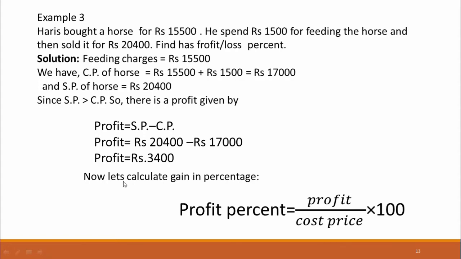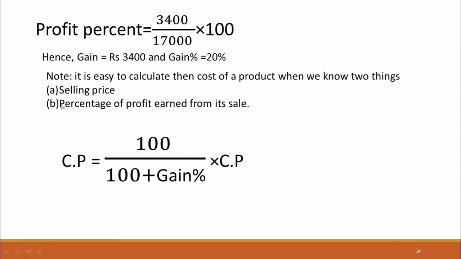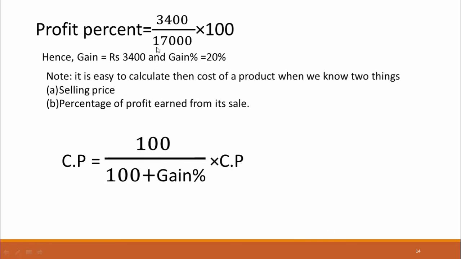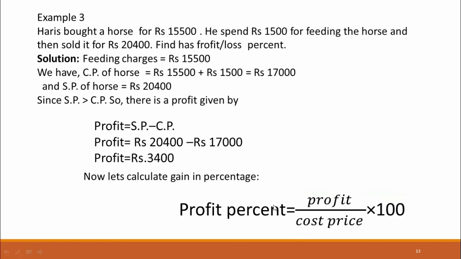So now let's calculate the gain percent. This is the profit. Now to calculate the profit percent: profit divided by cost price multiplied by 100. So profit percent is equal to 3,400 divided by 17,000. 3,400 is the profit, divided by the cost price.